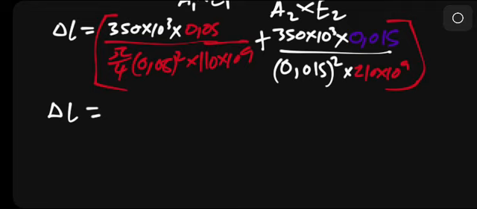We have 350 times 10 to the power of 3, times 0.05, multiplied by 110 times 10 to the power of 9, which is our Young modulus.